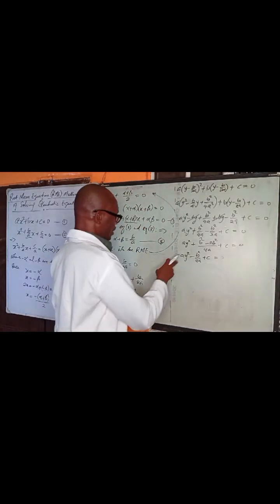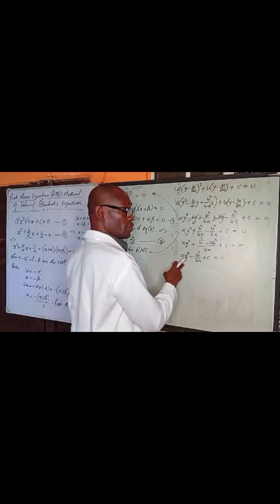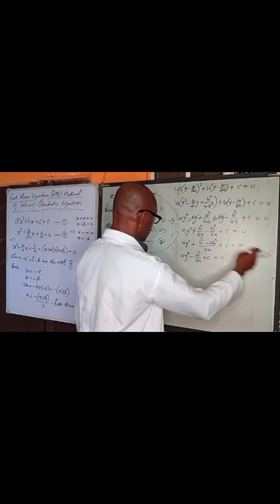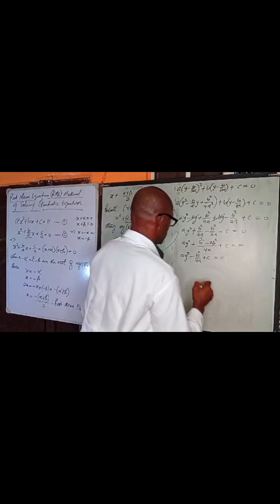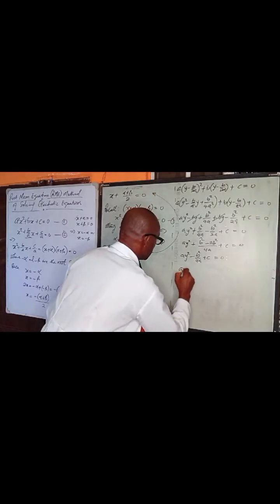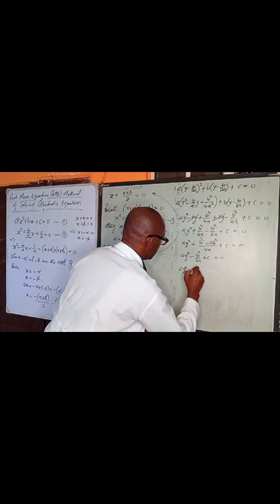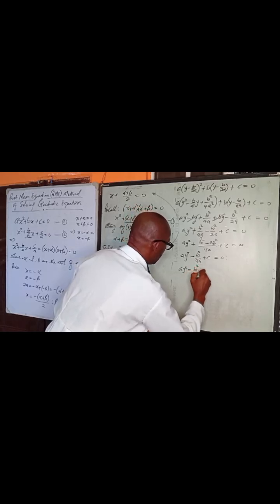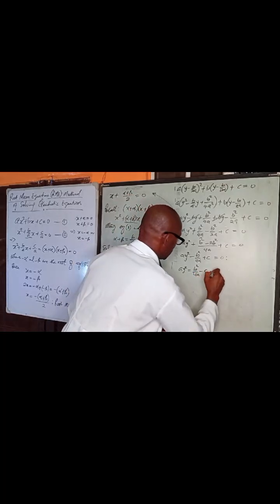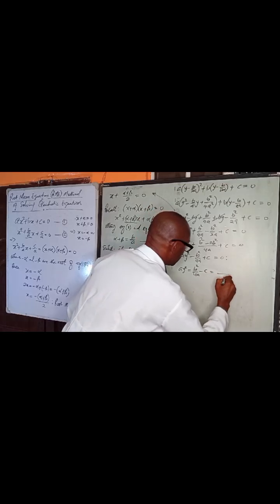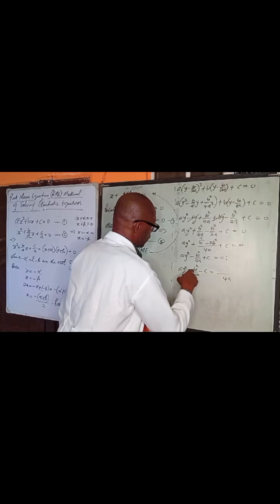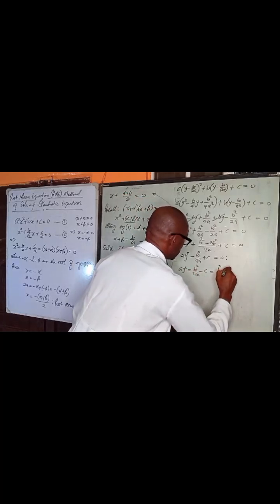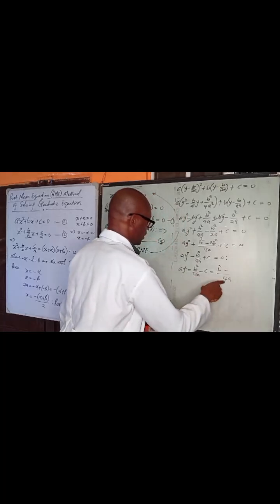Now, remember the only variable that is here is y. So we'll be solving for y. If I take this one to the other side of the equation, I'll have ay square is equals to b square over 4a minus c, and this is equals to, if you find the LCM is 4a into 4a will give us 1. 1 times b square will give us b square minus 4a.